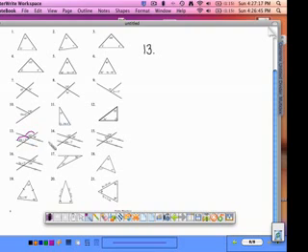Corresponding angles are equal, and so the equation that we could write for number 13 is 20x plus 2 degrees is equal to 142 degrees. When you solve this equation, the correct answer would be x equals 7 degrees.